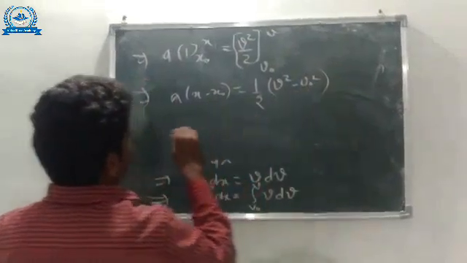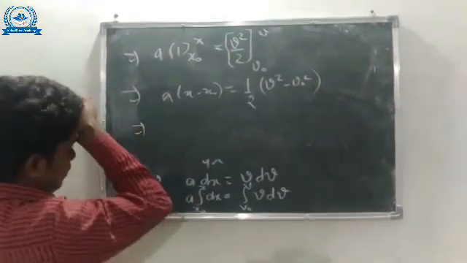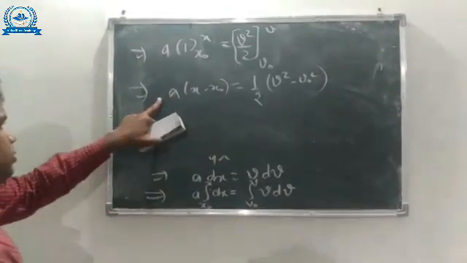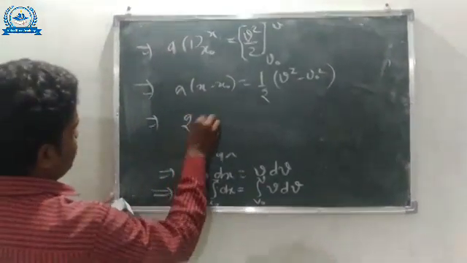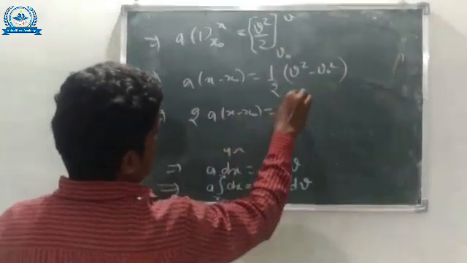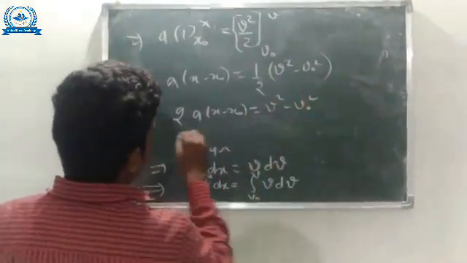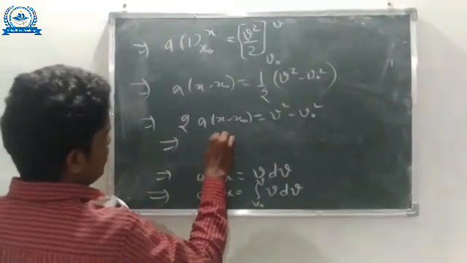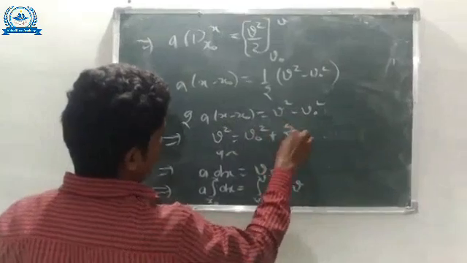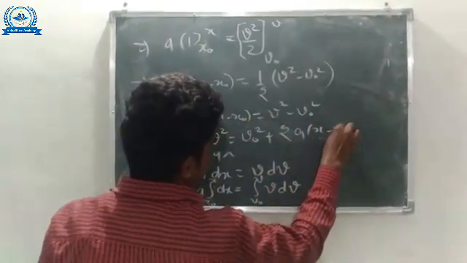Okay. Transfer this 2 to the left-hand side. You will get 2a times x minus x0 is equal to v square minus v0 square. Solving it further, you will get v square is equal to v0 square plus 2a times x minus x0.